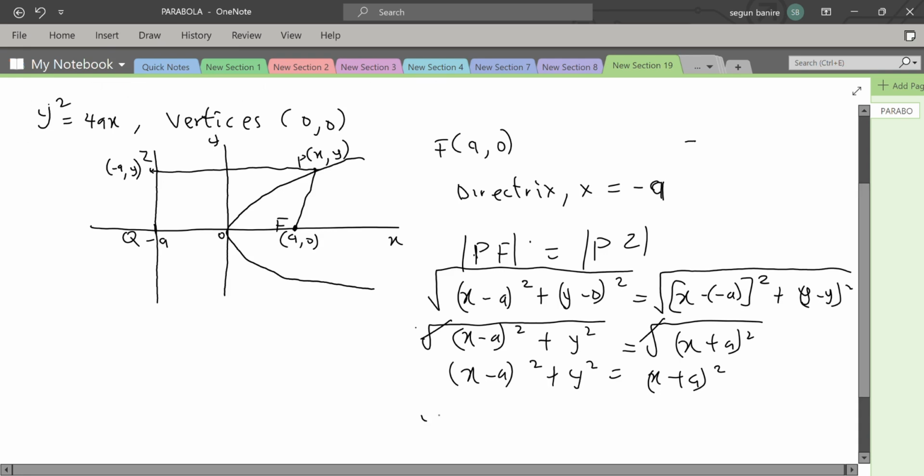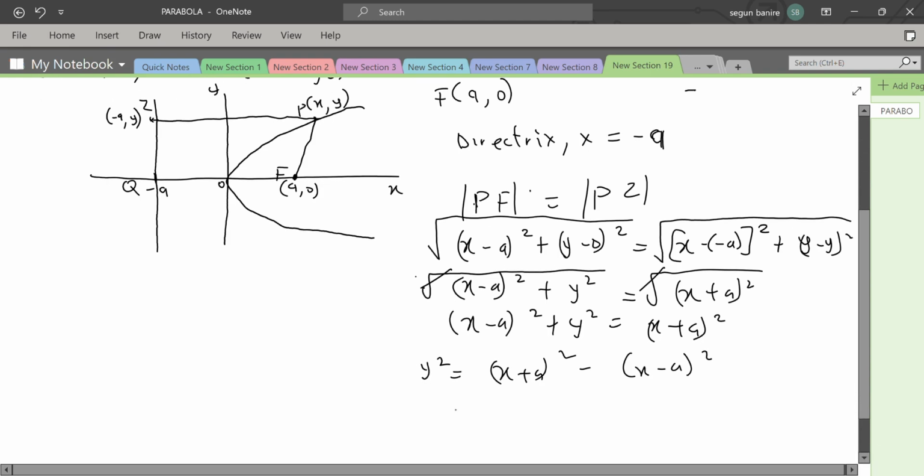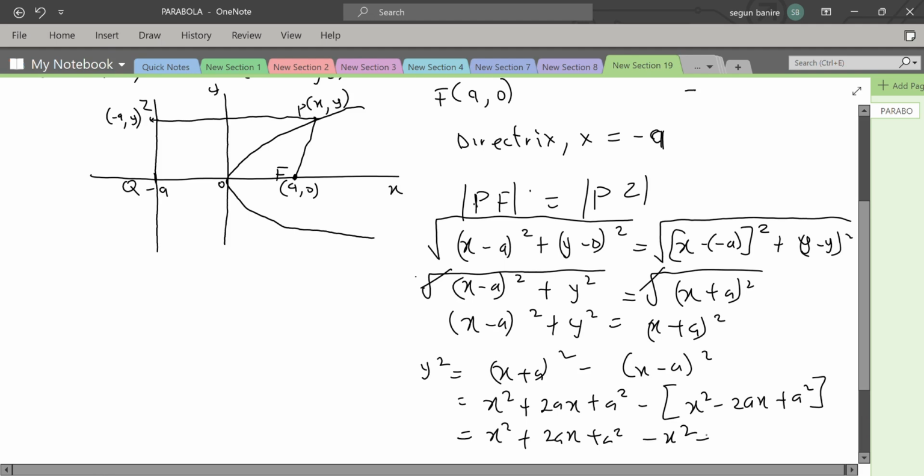So make y squared the subject of the formula. We have x plus a squared minus x minus a squared. Expand this: you have x squared plus 2ax plus a squared minus, in brackets, x squared minus 2ax plus a squared. If you open that bracket now, you get minus x squared plus 2ax minus a squared.